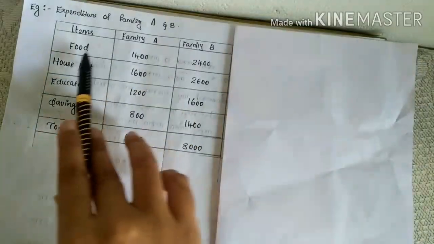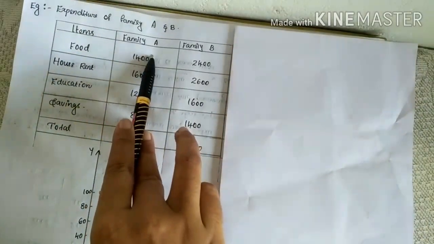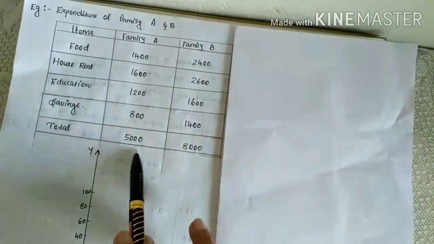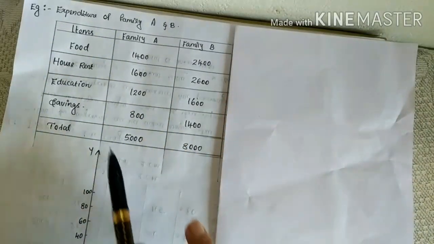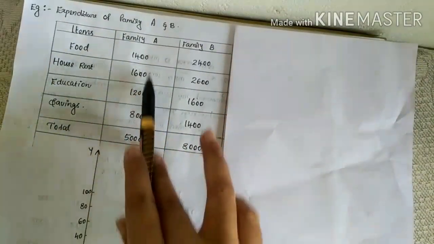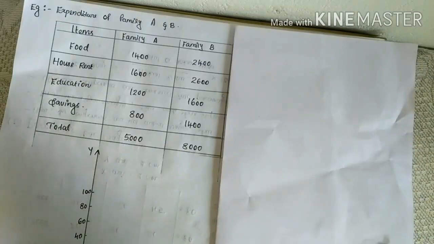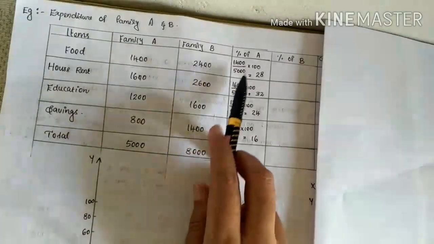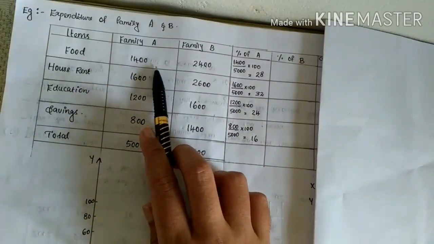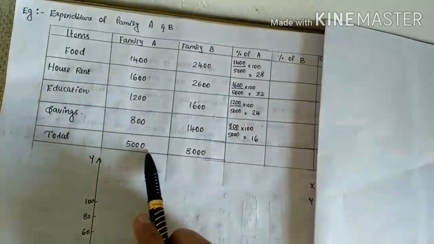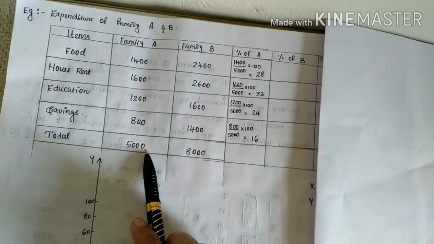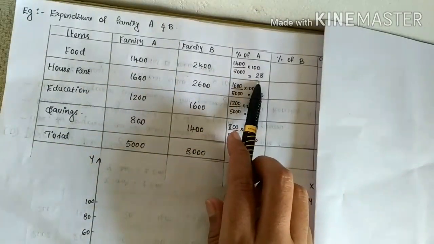That's the percentage value of the food item of family A. In the same procedure, you have to calculate the percentage value of whole item of family A and family B. That's the first procedure.